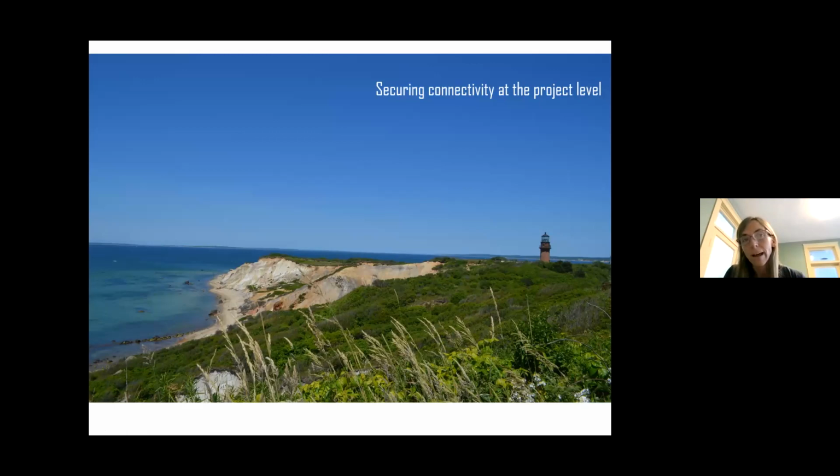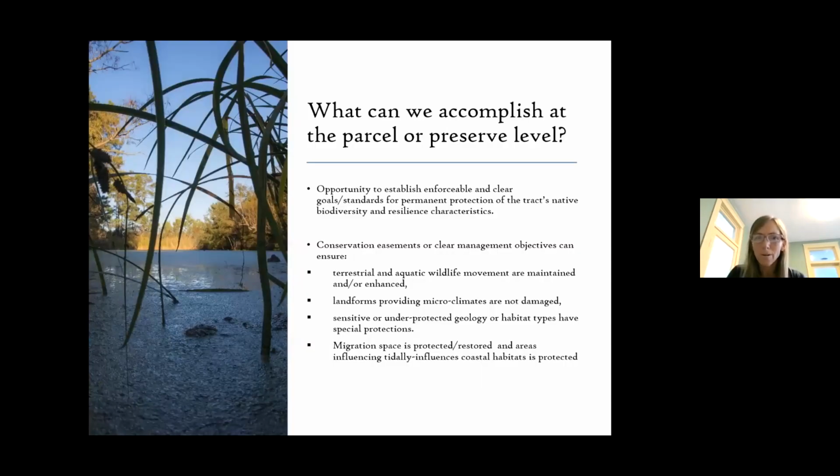A lot of the folks that I've worked with over the years are refuge managers with static boundaries, national wildlife refuges that are squarely in the path of sea level rise and were developed to protect freshwater forested wetlands, and now see salinity intrusion coming into those wetlands. How do they do the best work that they can do with the sites that are already in their care in these coastal areas? So what are some of the things that we might try to accomplish at that parcel level?